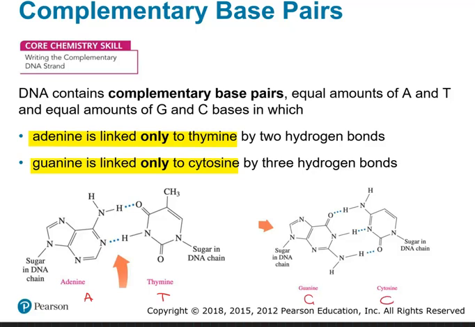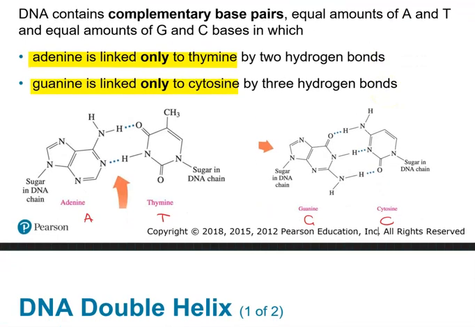Now, what holds those strands together? What linkages are established between these bases? The linkages are hydrogen bonds. You can see them here. And as you may remember, while hydrogen bonds are weak, it's all about the multitude of them.